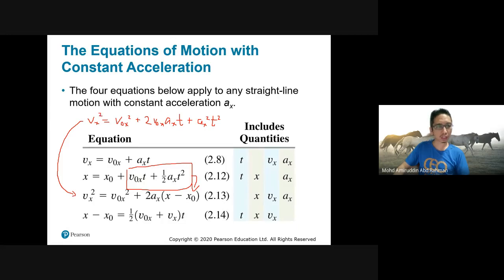That's basically similar to that, and this term is equal to that. So that's how you derive equation 2.13.